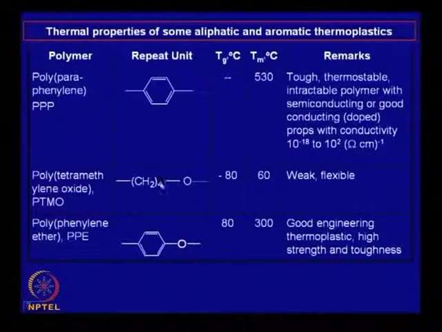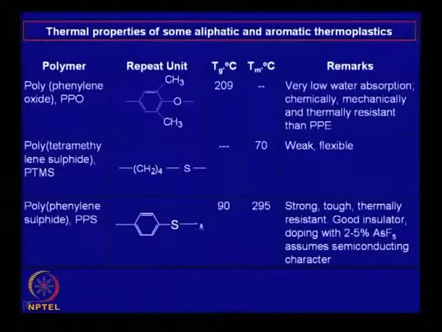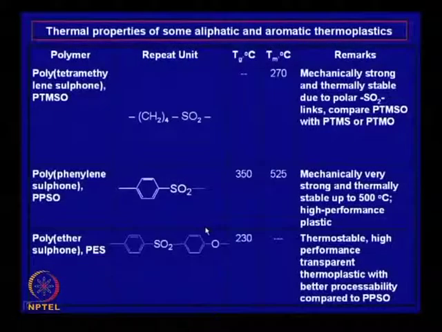When these 4 methylene units are replaced by a phenyl ring, keeping this ether linkage same, its Tg has been changed to plus 80 degree. So, this way you compare these polymers with their structures and their glass transition and melting transitions. There are many examples here.